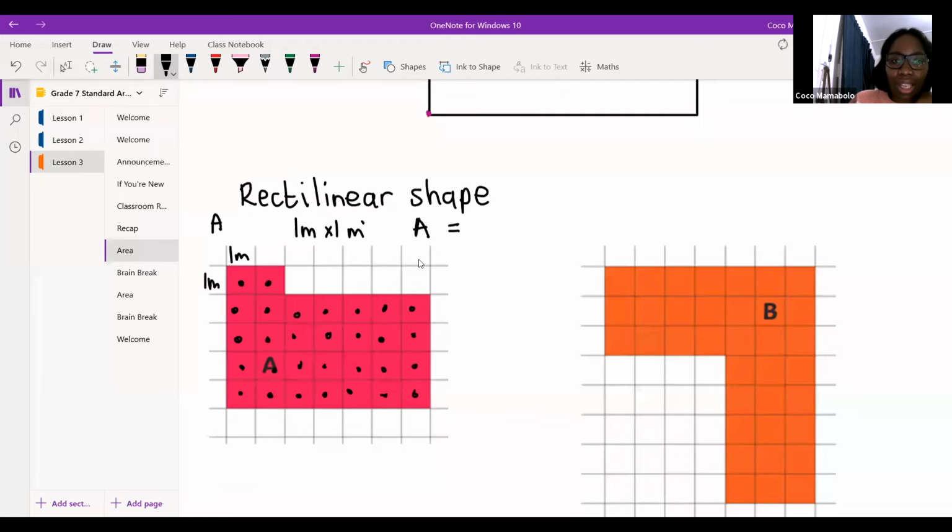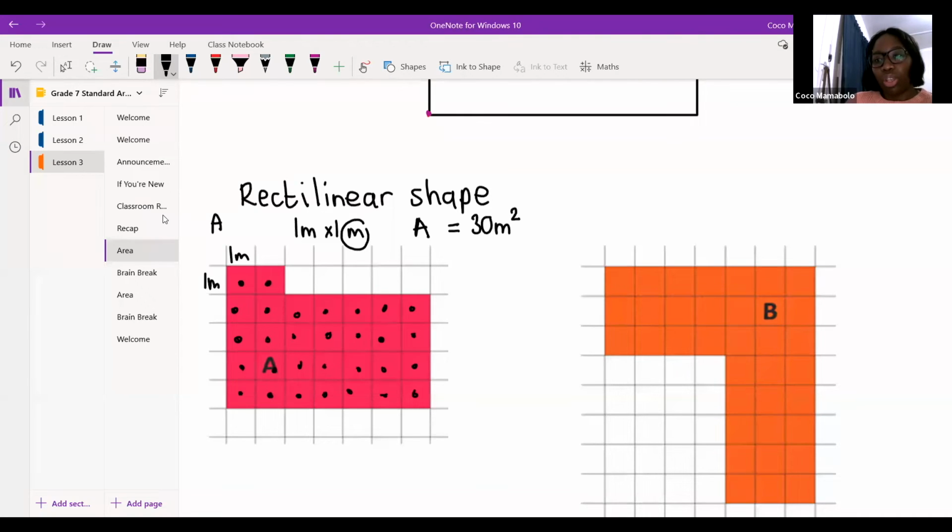If my units are meters, what is my answer going to be? Boucher, what do you think? Excellent, Nosipo. The answer is going to be 30 meters squared. Excellent, 30 meters squared. Well done. Excellent, very well done. That's exactly what I was looking for.